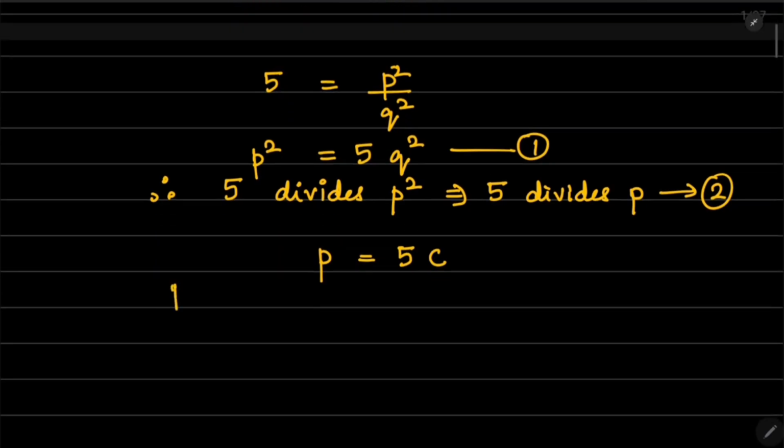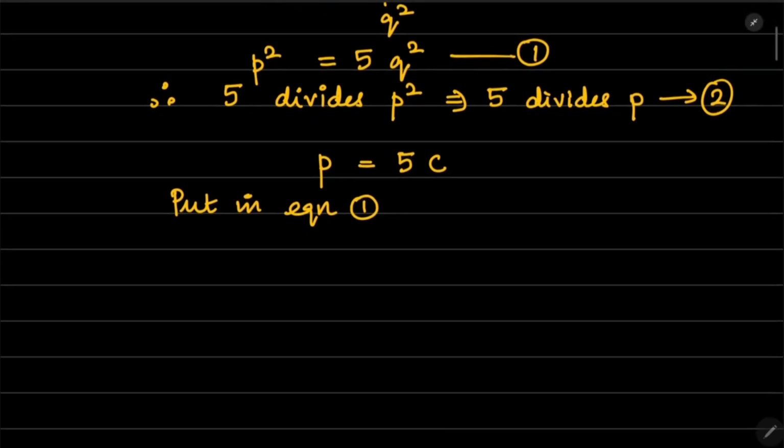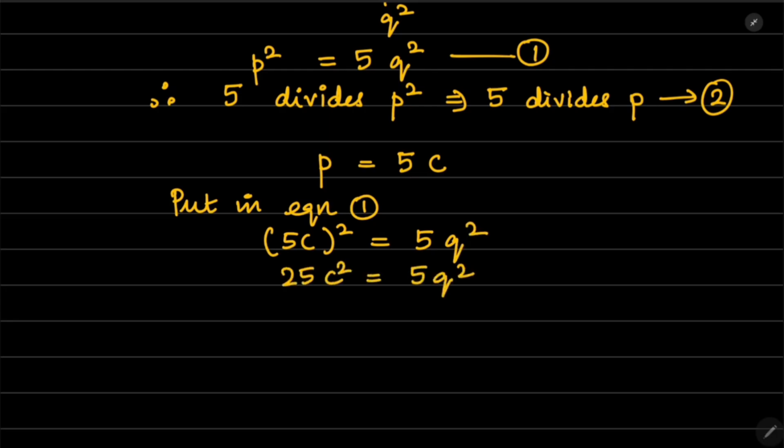Now you have to put this in equation 1. So what do you get? Instead of p, you can write 5c. 5c the whole square is equal to 5q square. So 25c square equal to 5q square. Or you can write q square equal to 5c square.